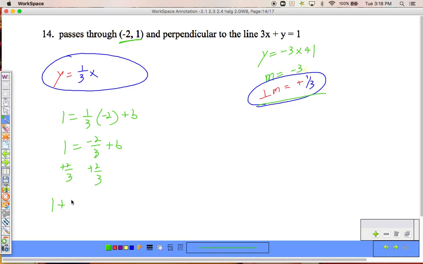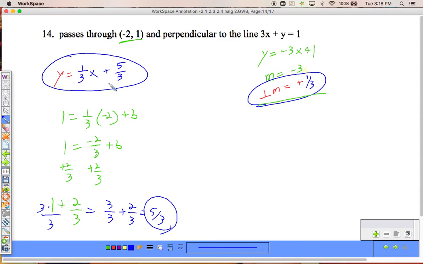And I'm going to go 1 plus 2/3, which is the same as 3/3 plus 2/3, which is 5/3. So I had to force common denominators. 1 is the same as 3/3. And 3/3 plus 2/3 gives me 5/3, which gives me the line that's perpendicular to this, going through the point (-2, 1). So you just got to understand how to find a perpendicular and parallel slope.